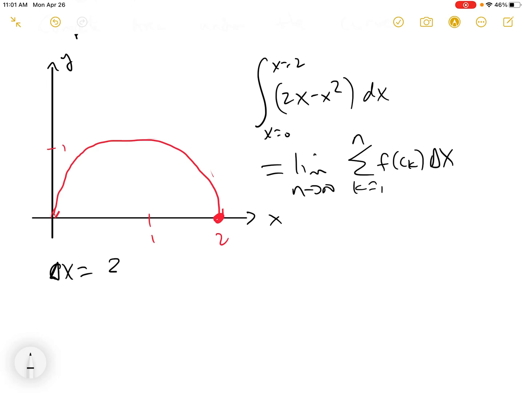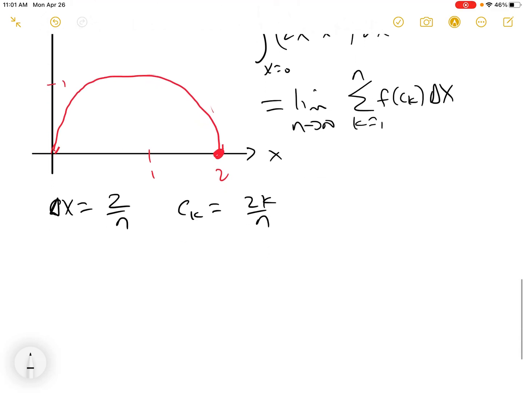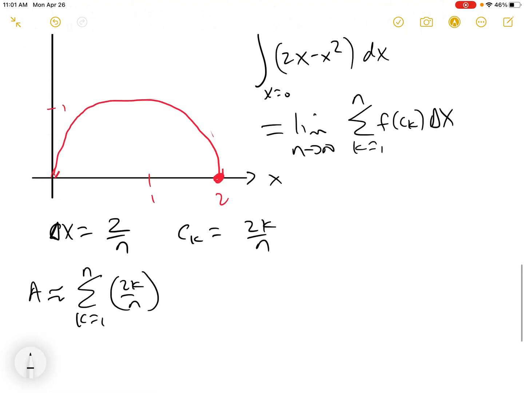Delta x is 2 over n, ck is 2k over n, and so the area is approximated by 2k over n times 2 minus 2k over n squared times 2 over n.